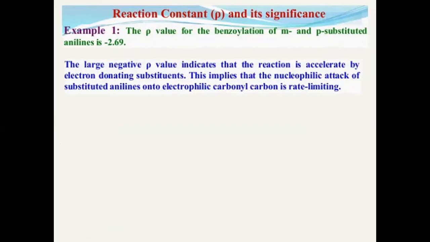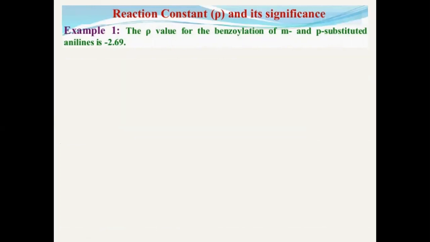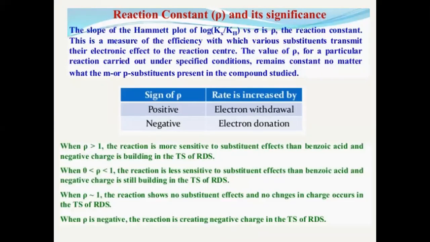Why is it possible? You see, if rho is negative, the reaction is creating positive charge in the TS.